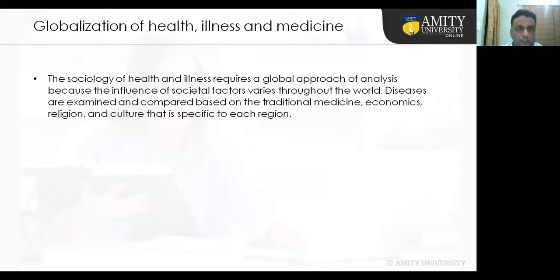The sociology of health and illness requires a global approach of analysis because the influence of societal factors varies throughout the world. Diseases are examined and compared based on traditional medicine, economics, religion, and culture that is specific to each region.